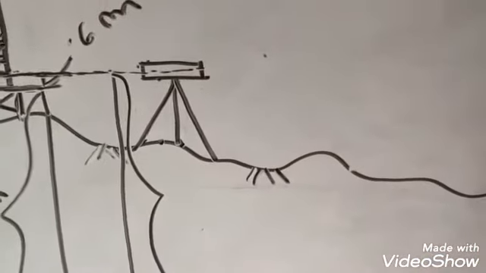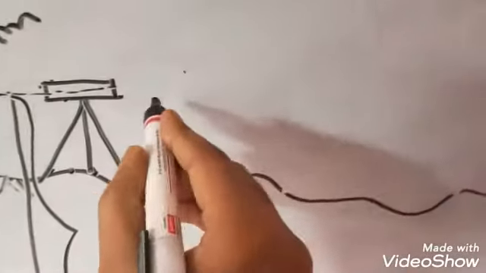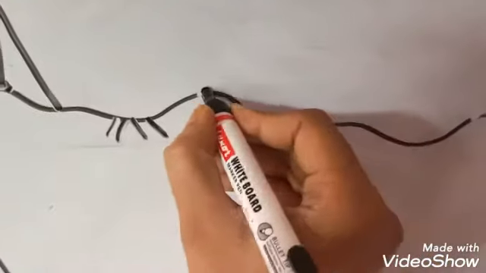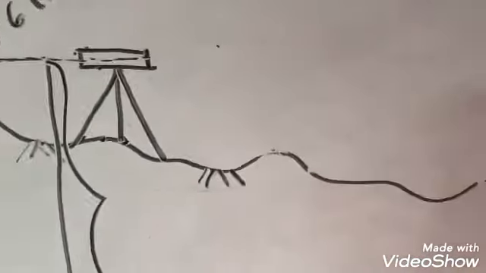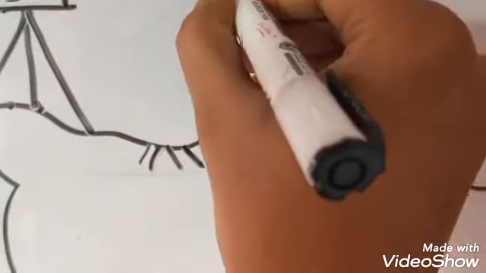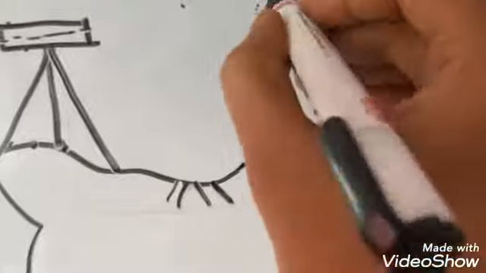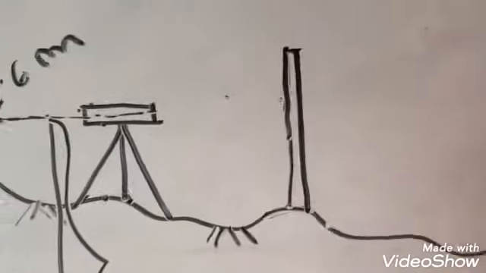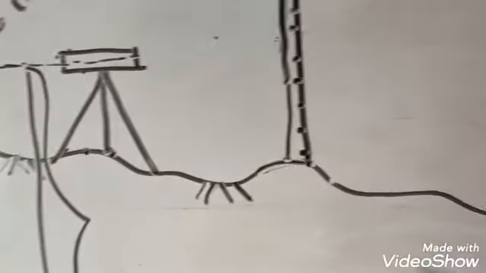Now that the height of instrument is found from this backside reading, we can continue the survey in this direction and find out the elevation of different points. Suppose at this point we need to find out the elevation. So we place the staff here, the graduated scale, vertically.